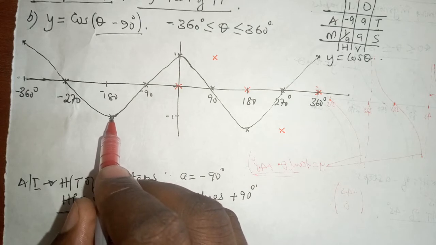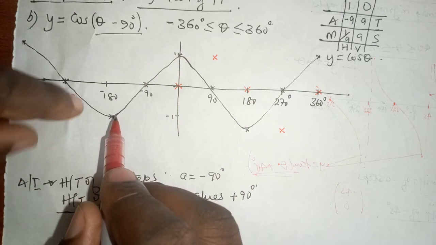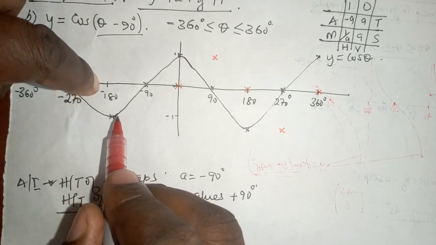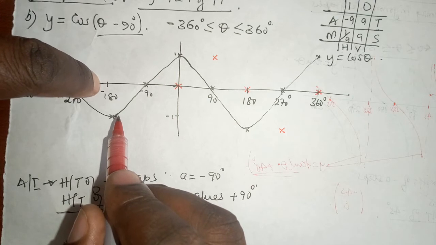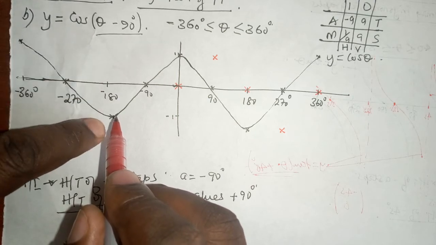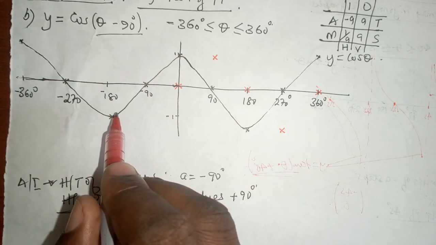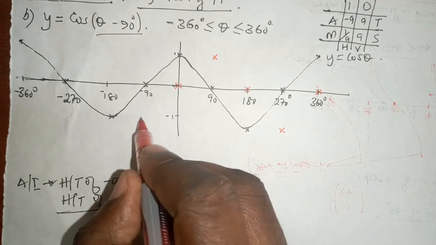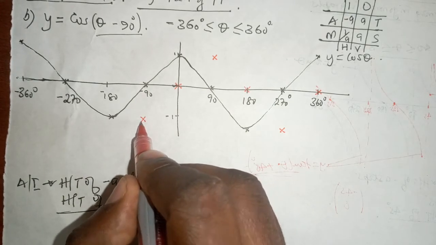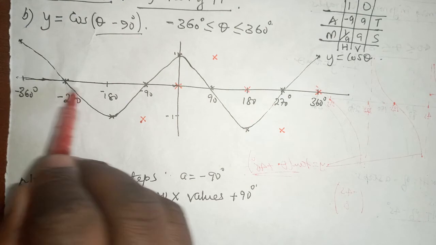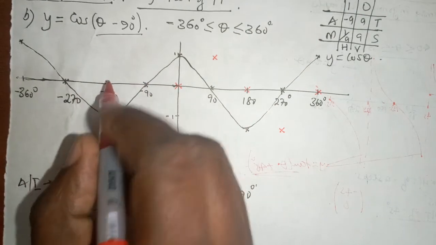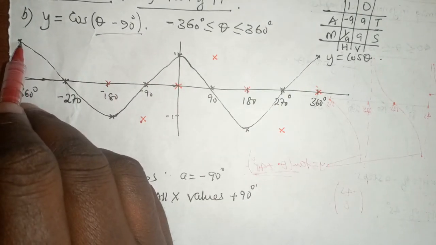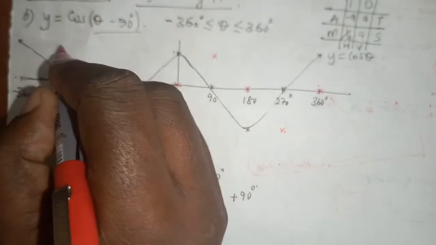When theta was negative 180, the cosine of negative 180 was -1. Now it is going to be negative 180 plus 90, which is -90, and the value of y doesn't change. Minus 270 pushes 90 degrees, and of course negative 360 pushes 90 degrees there.